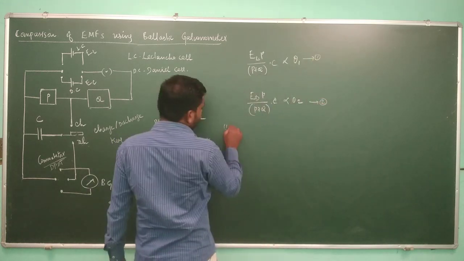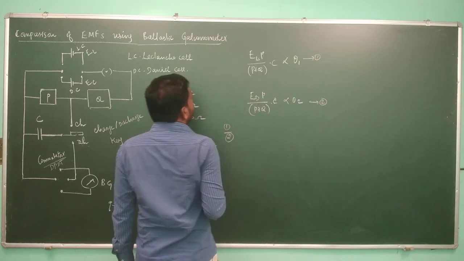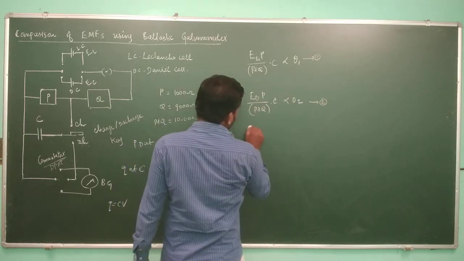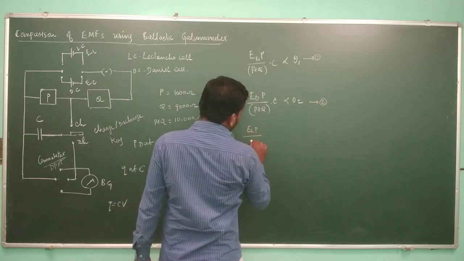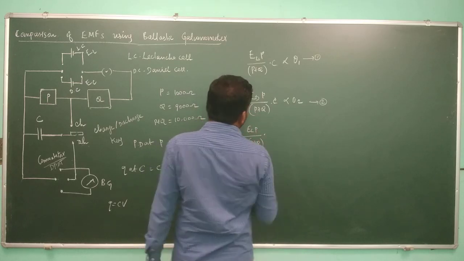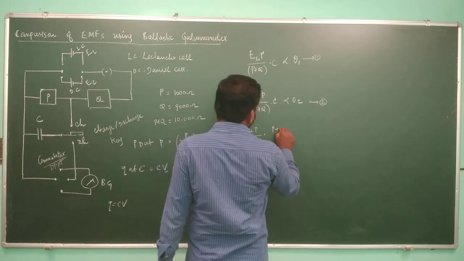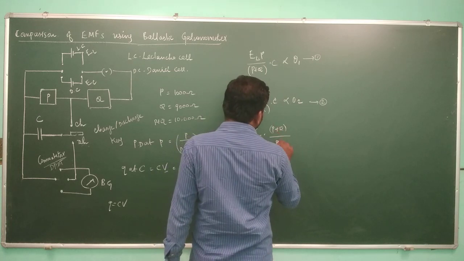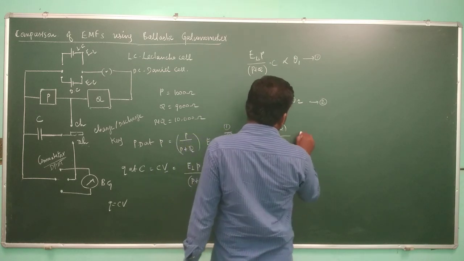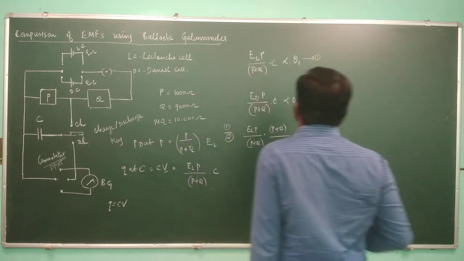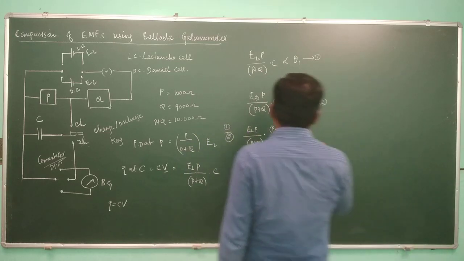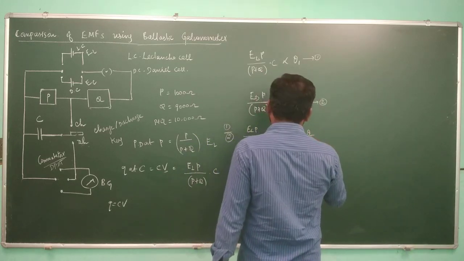You can write equation 1 by equation 2: E_L P by P plus Q multiplied by P plus Q by E_D P is directly proportional to theta 1 and theta 2.